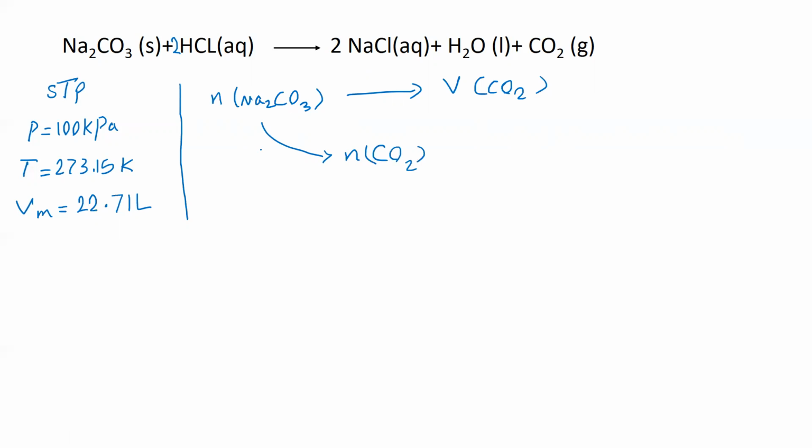How can I do it? Using the coefficients in the balanced equation, so I use the ratio. And then from moles to V, I can use this formula: number of moles equals volume of gas divided by volume of 1 mole of gas.